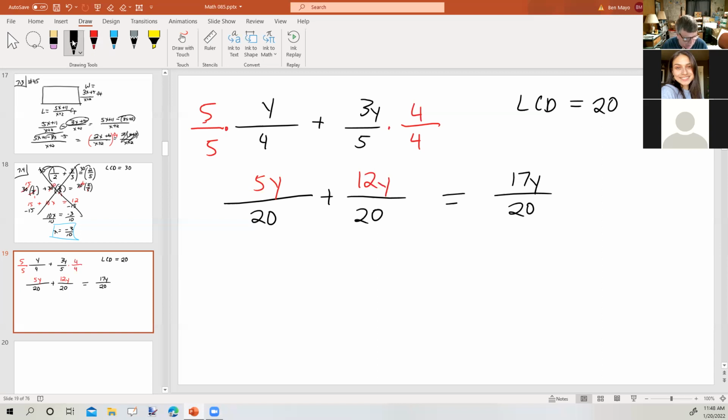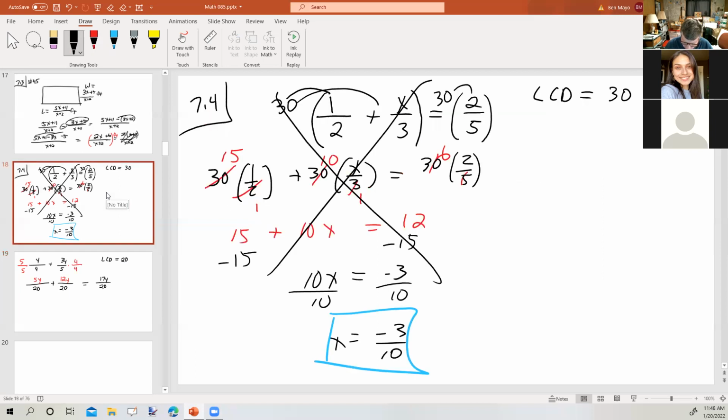I jumped the gun. I got ahead of myself about 2 days worth. In this problem we have an equation and we're clearing the fractions. We're not there yet. That's actually 7.6. It's coming.